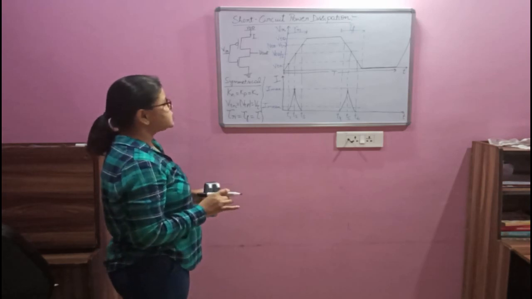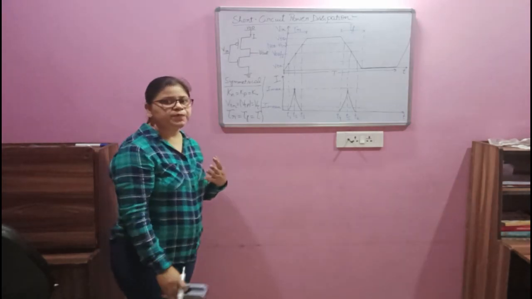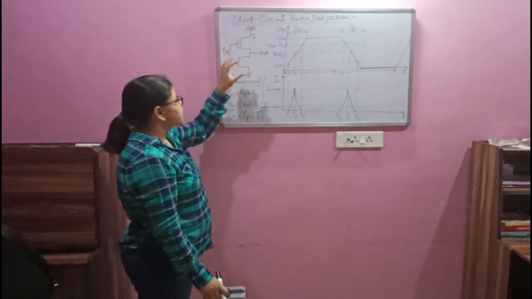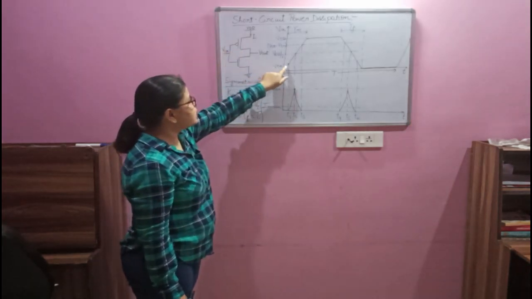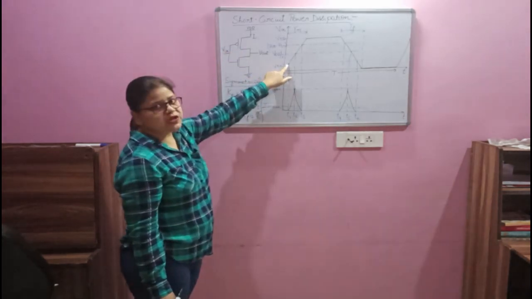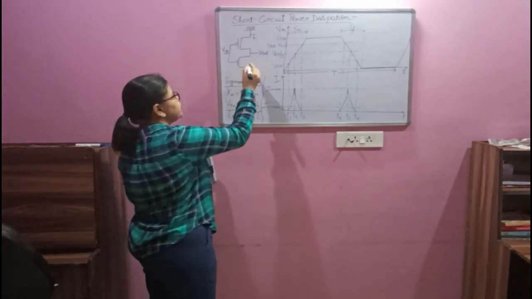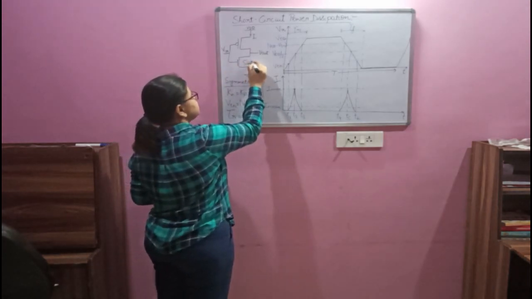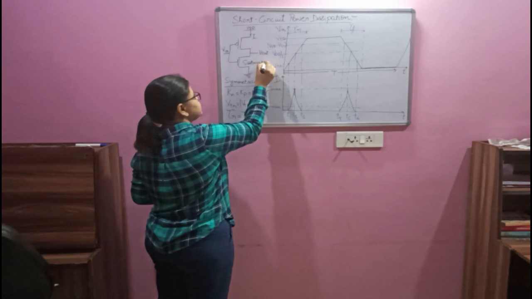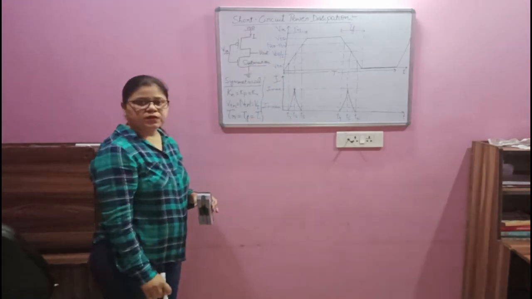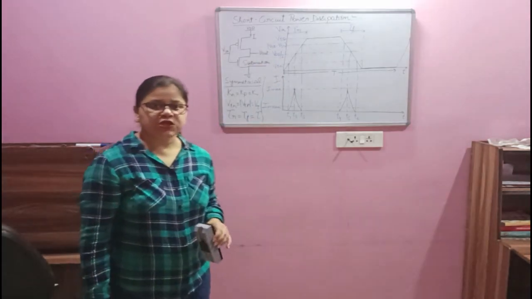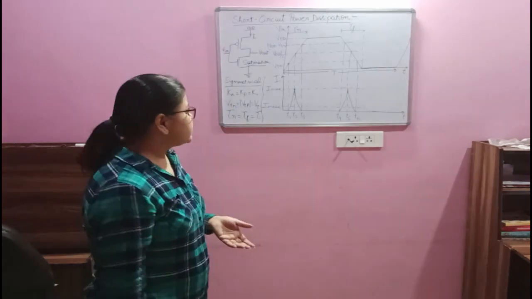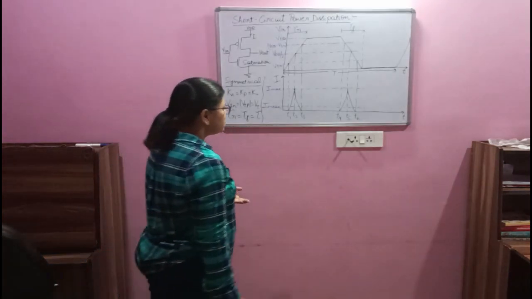Another consideration which we will take for the further calculation is that this NMOS, when it gets on at Vin equals Vtn, is moving into the saturation region. So these are some assumptions or considerations which I will carry out.